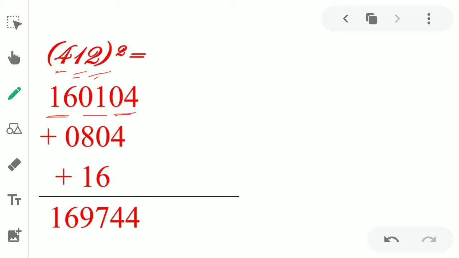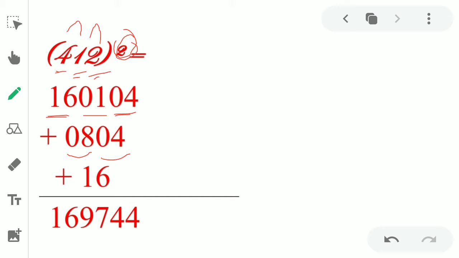Now we will multiply these two numbers 4 and 1. We get 4. We will double it, which is 8, but we will write it in the middle in 2 digits, 08. Similarly, now we multiply these numbers 1 and 2, which is 2. We will double it, 4. We will write it as 04 for 2 digits.